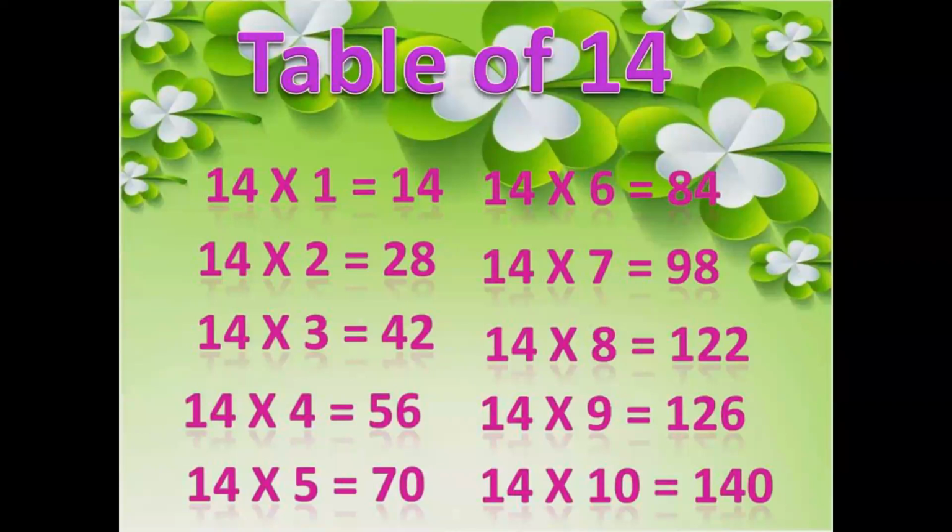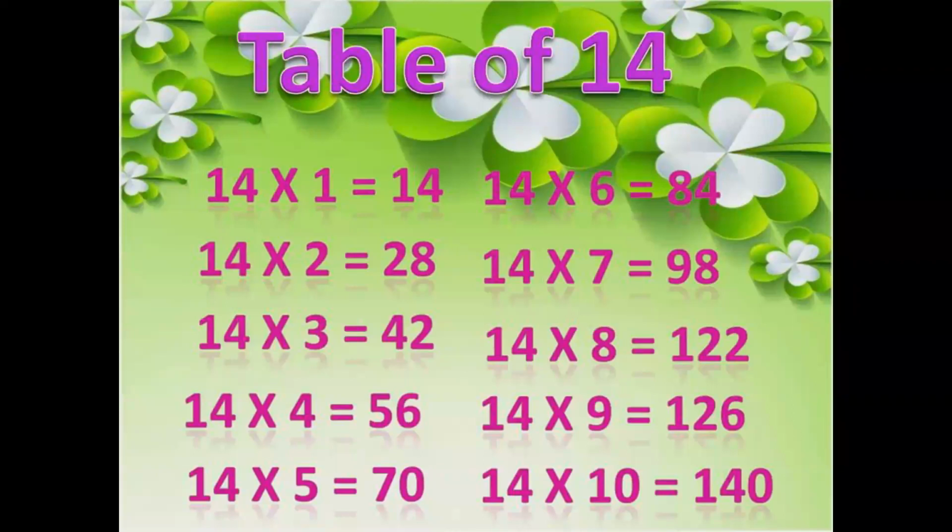14 ones are 14, 14 twos are 28, 14 threes are 42, 14 fours are 56, 14 fives are 70, 14 sixes are 84, 14 sevens are 96, 14 eights are 98. 112.